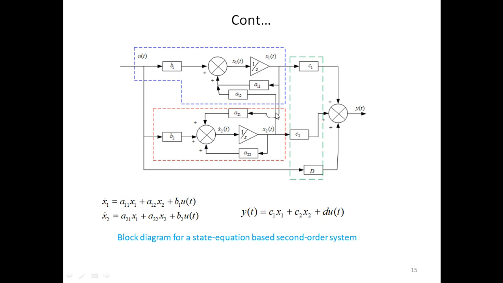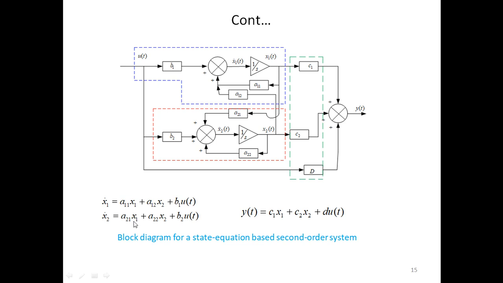Again x2 is sensed from here, giving a12 x2. Both of the signals are added here, along with b1 ut, right? So this block represents the state equation for x1.